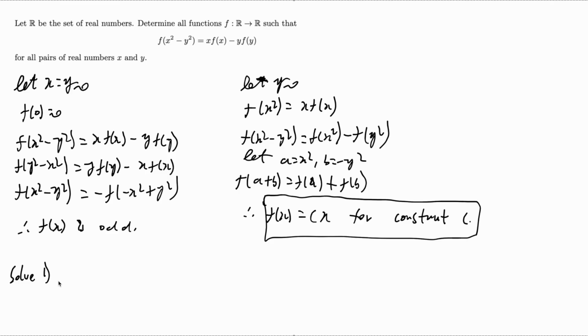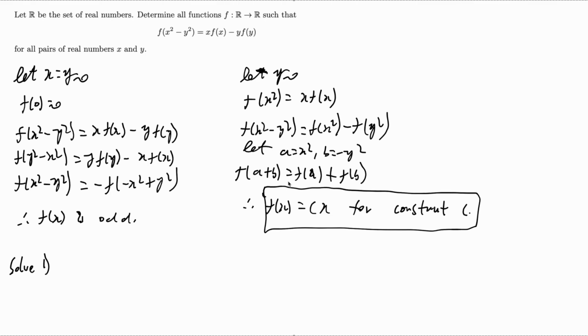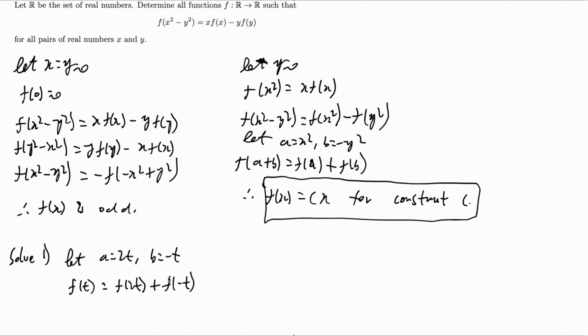They started with the common fact that f of x is odd and this thing is true. So here, what they did is let a equal t and b equal negative t. It's not the exact same thing that they did, but I forgot what they did exactly, but I think this is correct. So I'm just skipping the main point.